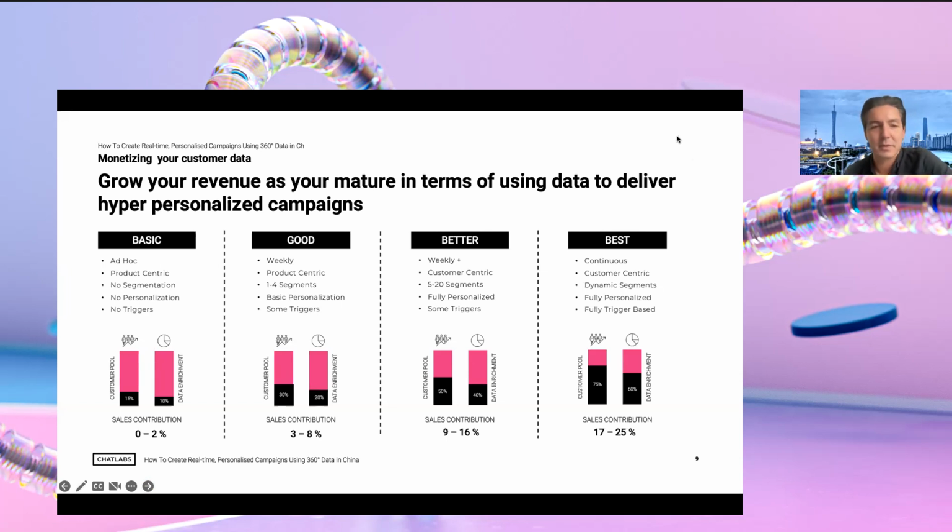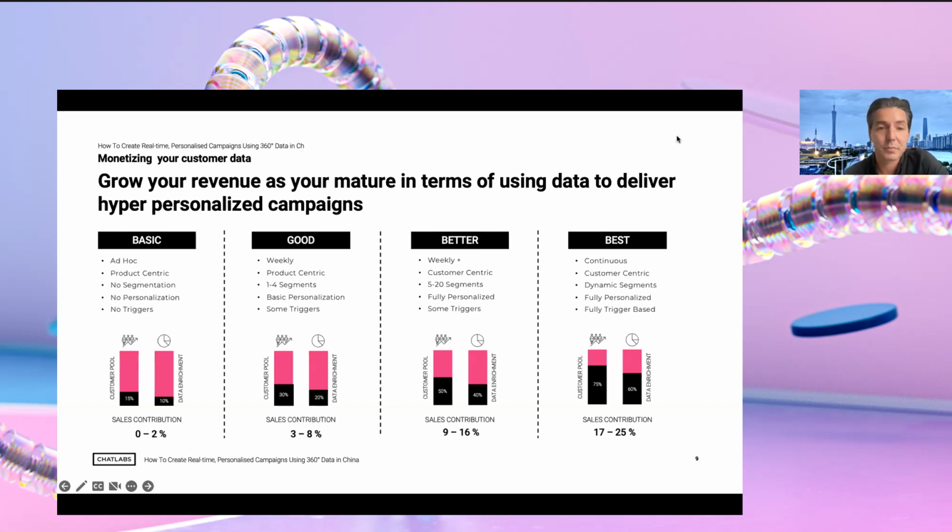You're not doing any segmentation or personalization or triggers. You're just sending your four broadcasts a month, right? And you're not really pushing hard to increase that customer pool with other data. Sales contribution tends to be quite minimal.